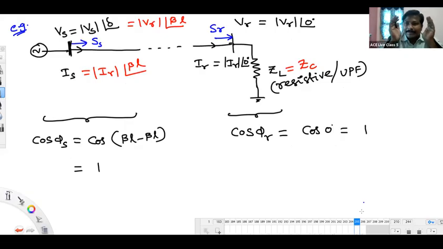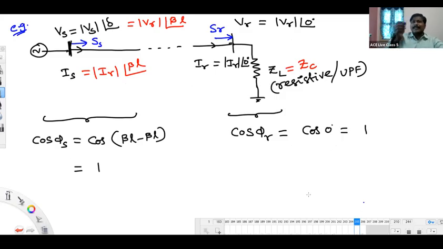Whatever the line connected between them, it won't consume any complex power. Else you can say the line will not consume any real power, and it won't consume any reactive power also.